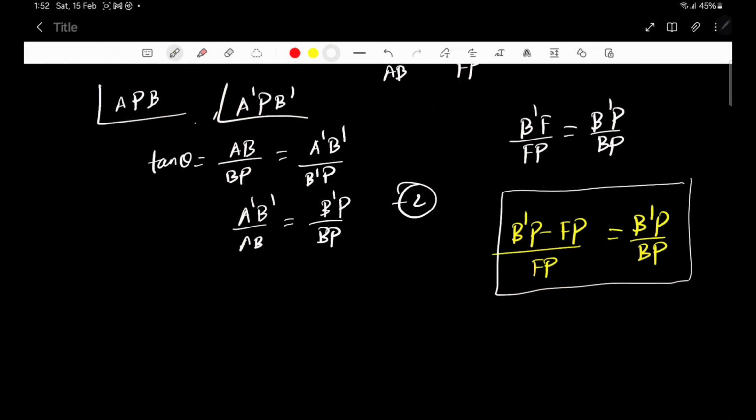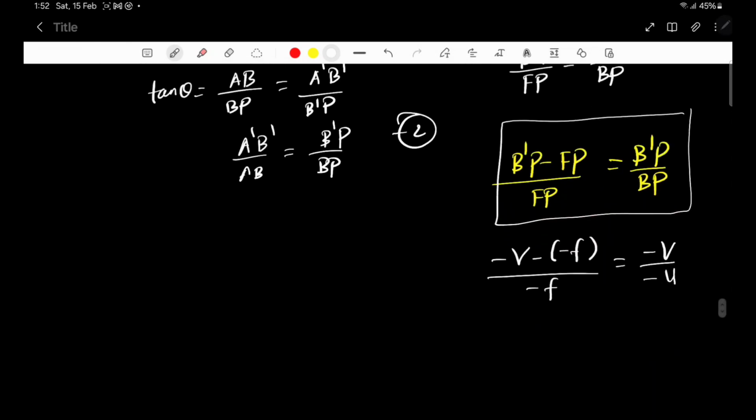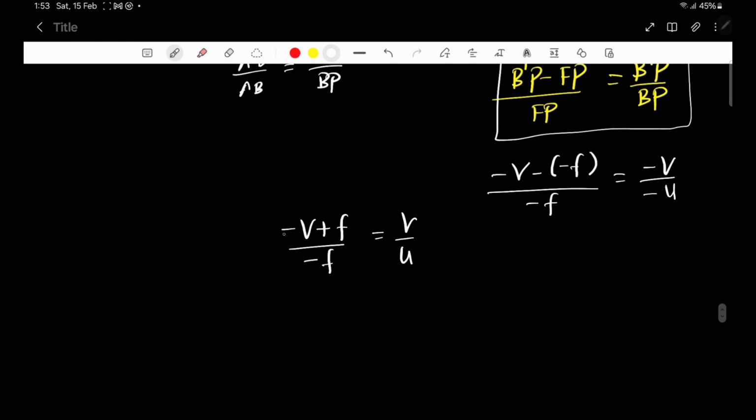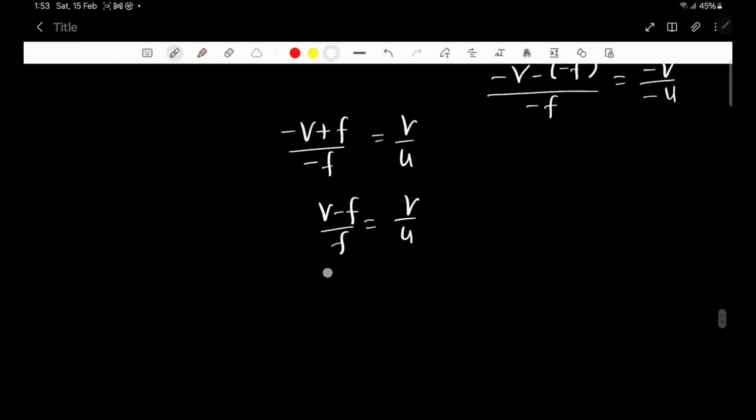So B'P is minus V, FP is minus F, equal to B'P is minus V, BP is minus U. If I simplify this, I will get minus V plus F by minus F equal to V by U. If I take this minus to the numerator, I will have V minus F by F equal to V by U. So I can simplify this into the following form: V by F minus 1 equal to V by U.